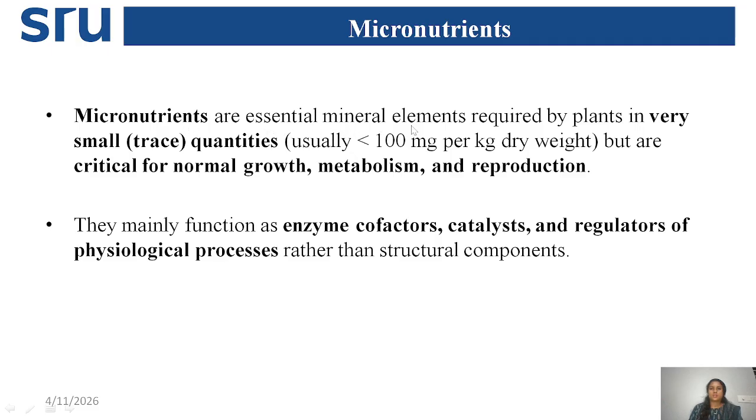What do you mean by essential nutrient? All these nutrients follow the three essential criteria of Arnon and Stout. What are the three essential criteria? If one nutrient is absent or deficient, we can't replace that deficiency by supplying another nutrient. Each nutrient has its own specific role in the plant's metabolism.